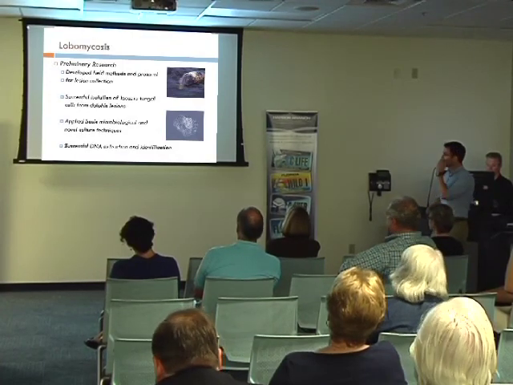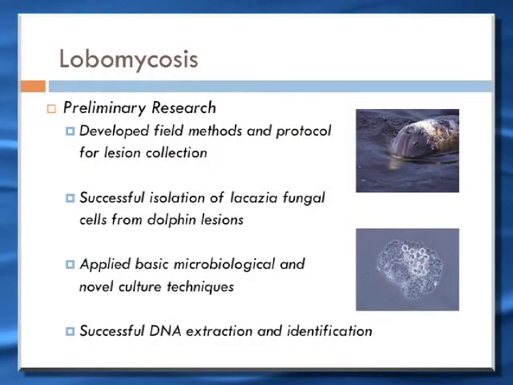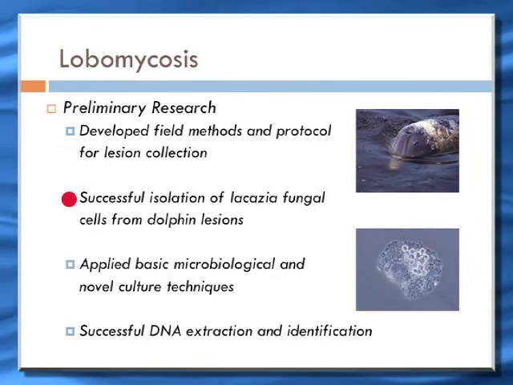So we started looking at some basic and applied research where we're trying to grow it in culture. And to do that, simple methodology of just taking the lesions and preserving them to keep the cells viable, determining if they're viable using some live dead staining, and then simply isolating the causative agent from the dolphin bits. And that's here.